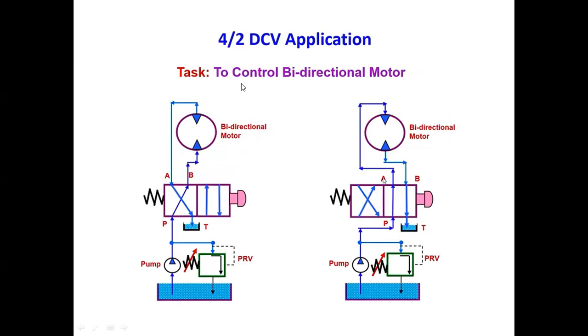4/2 DCV to control a bidirectional motor. See, in this way, P to B supplies the bidirectional motor, and here oil returns to the tank like that.